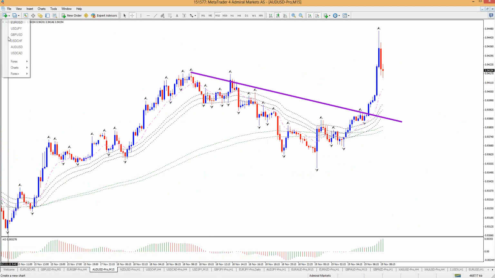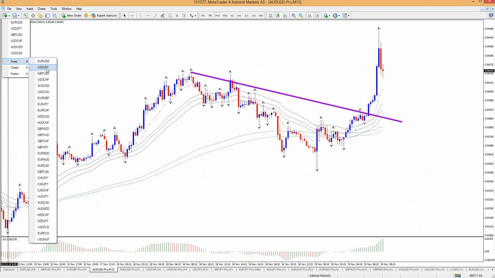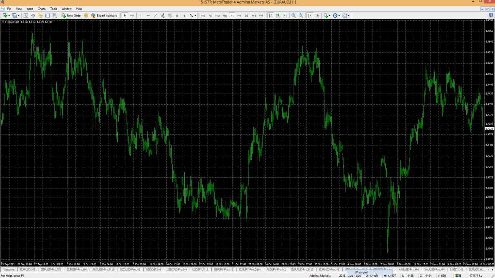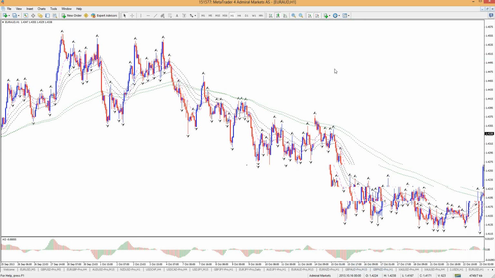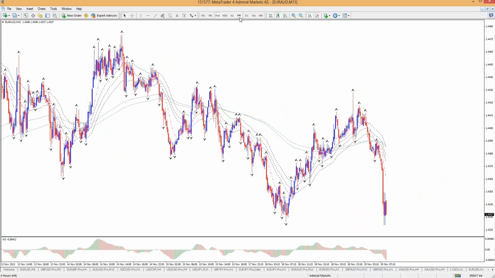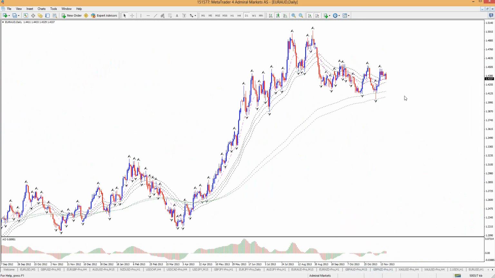Let's take a look at the EUR/AUD. Let me add that. Same thing, in fact, same analysis.